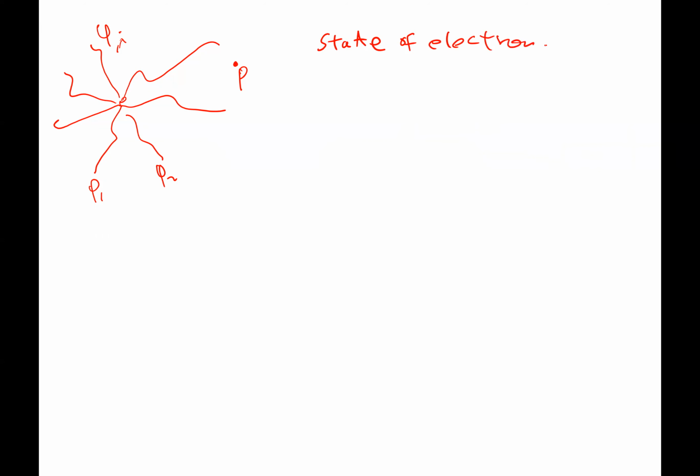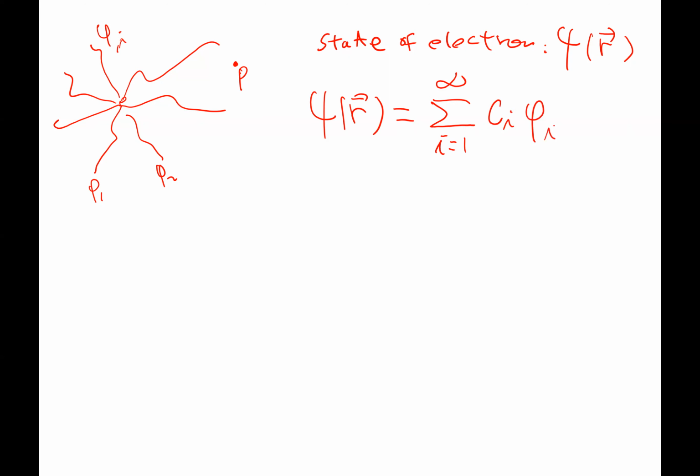So this state of electron is given by psi. This is the wave function we just talked about, right? And this wave function can be written as a linear combination, the sum over i from 1 to infinity of Ci phi i.